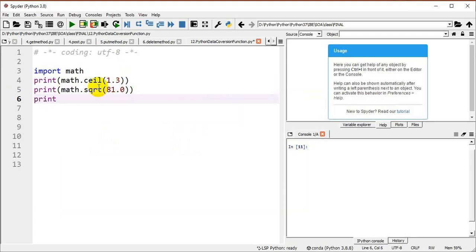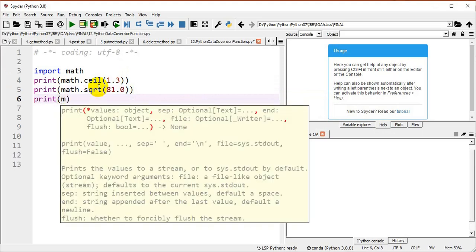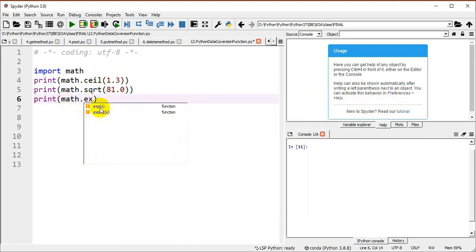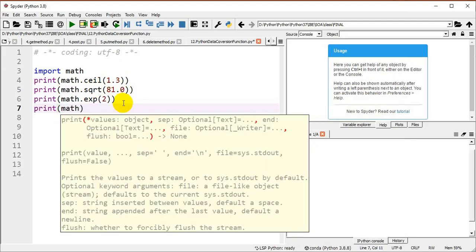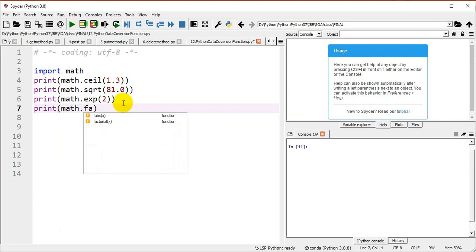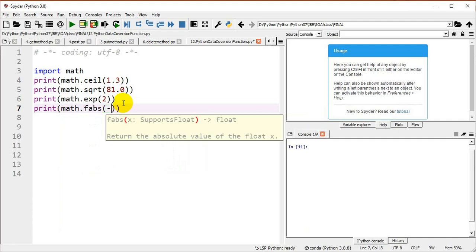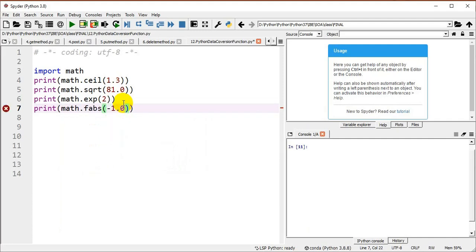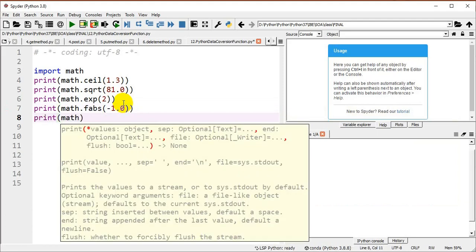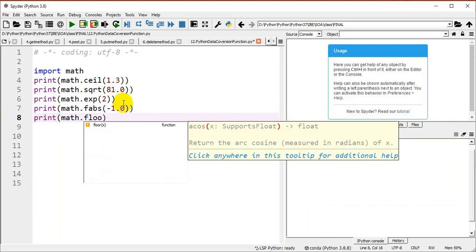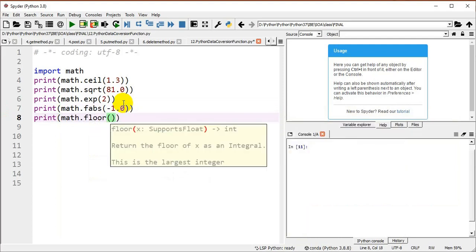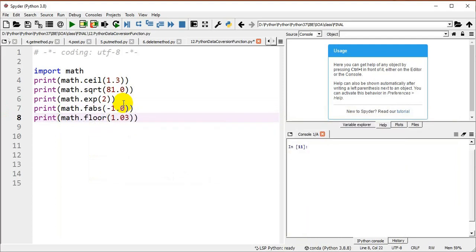Next line, print math dot exp of 2. Next, print math dot fabs of minus 1.0. Next, print math dot floor of 1.03.